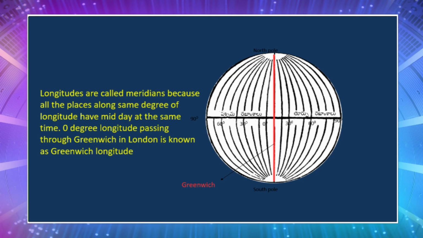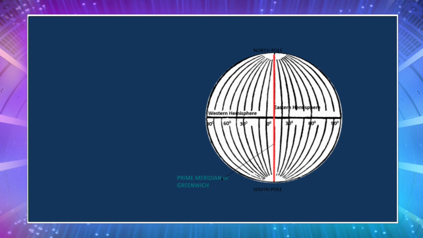Children, the line marked in red is the Greenwich longitude, which is the 0 degree longitude which divides earth into eastern and western hemispheres. You can observe on the image the western hemisphere towards the left and eastern hemisphere towards the right. So, the left half is the western hemisphere.